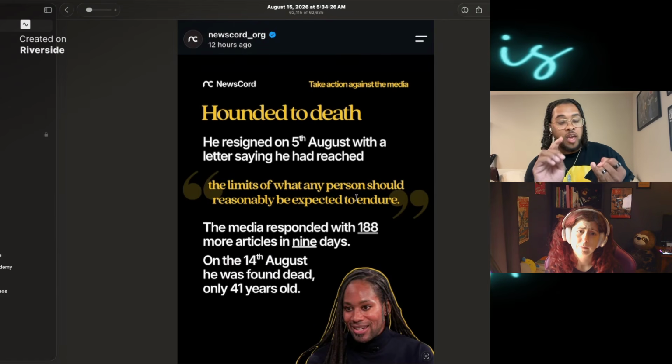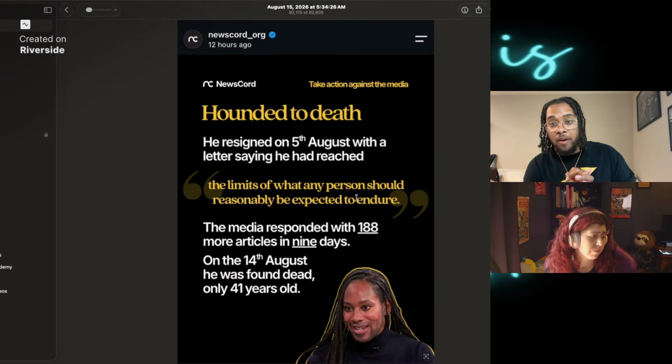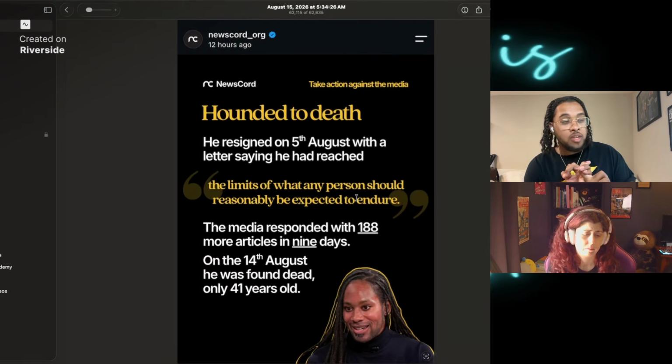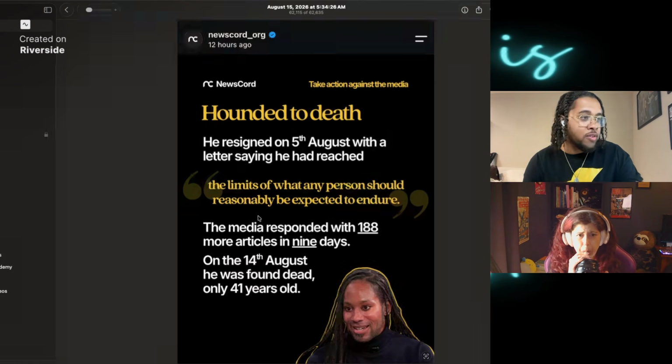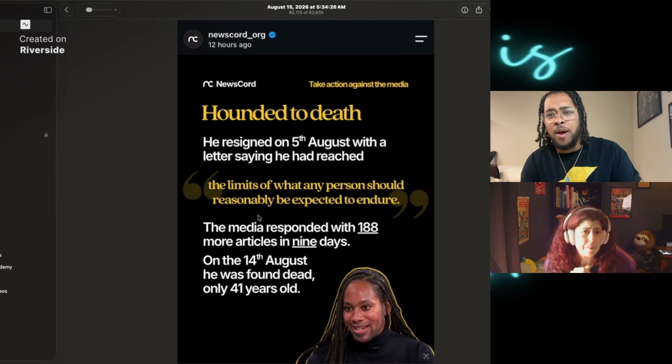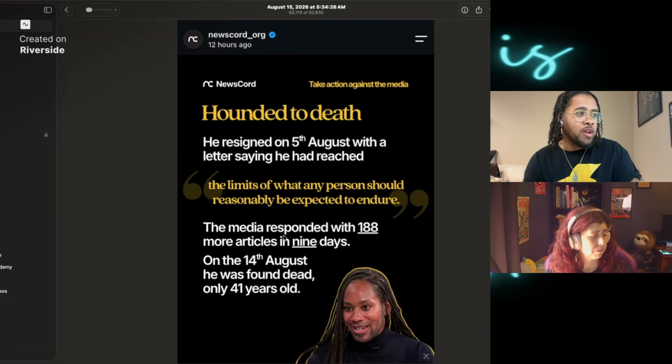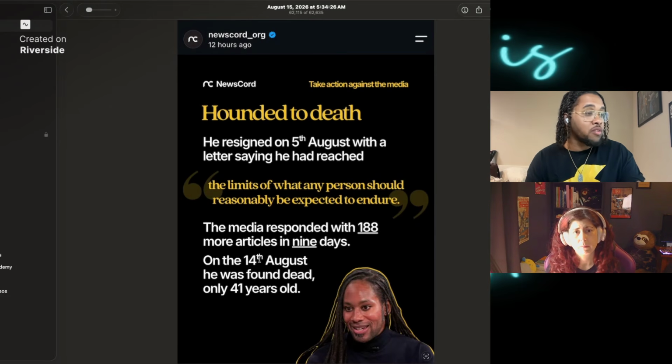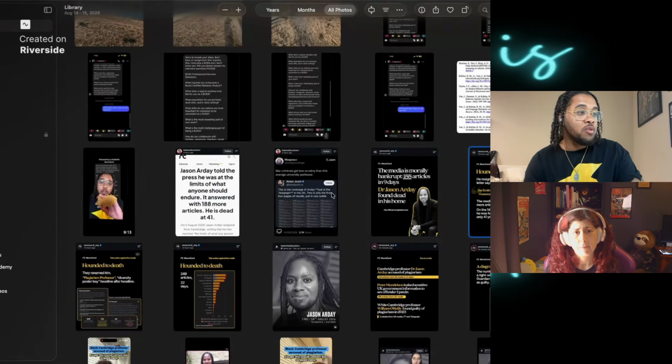They were saying that he had plagiarized. They were saying that he lied about his disability, about being nonverbal till the age of, I think, 7 or 11. And they even said that he lied about doing marathons, right? The media responded with 188 more articles in 9 days, and on the 14th of August, he was found dead at only 44 years old.